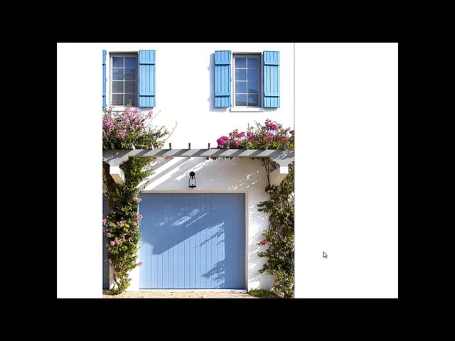This is to show that the design should not be as complicated as many people think.